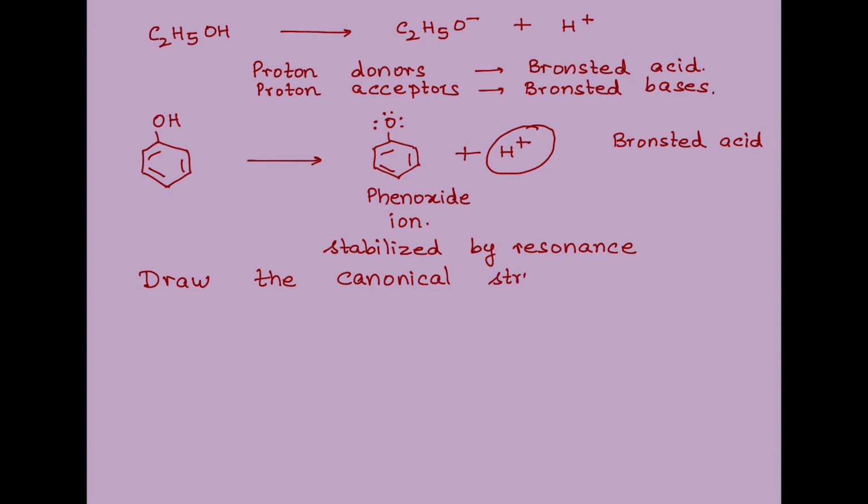And if you do not know, please go through the previous videos loaded under the playlist Phenol to clear your concept on resonance and canonical structures. Are you drawing? Good. If you've drawn for phenoxide ion, can you draw canonical structures for phenol as well? Go ahead, try it.